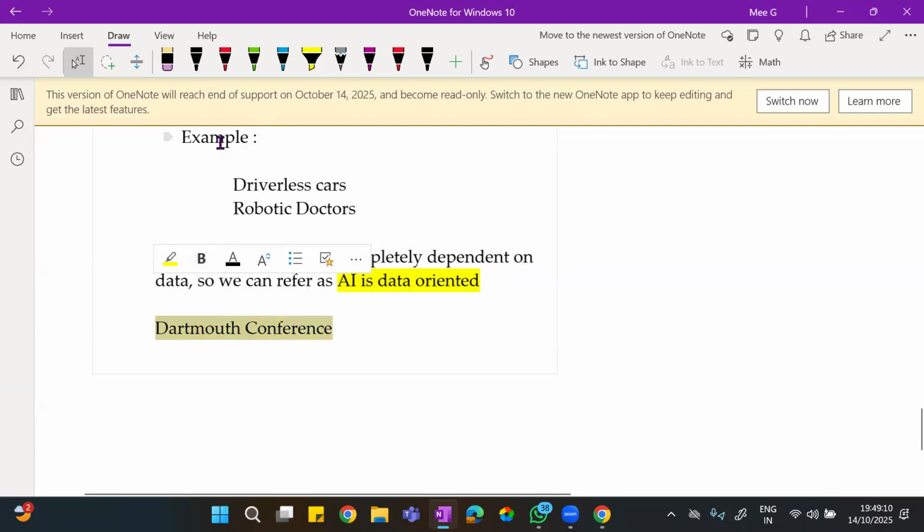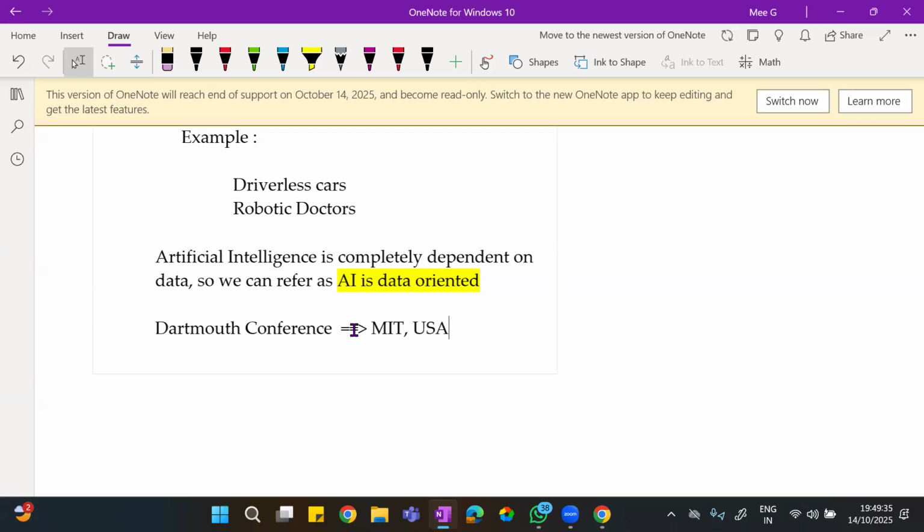This was held at Dartmouth College, which comes under MIT. MIT is the Massachusetts Institute of Technology in the USA.